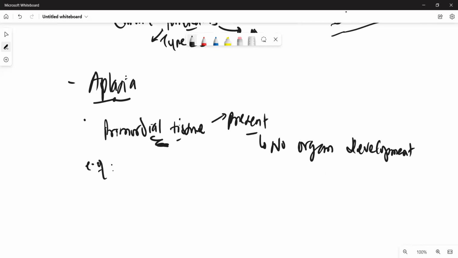What's an example of this? The example is thymic aplasia. Can someone tell us where the thymus develops from? Anyone?